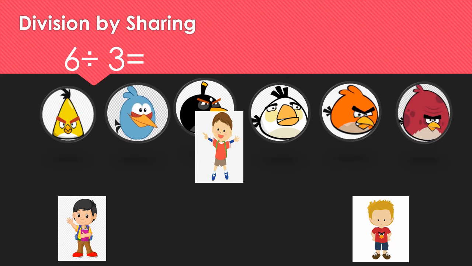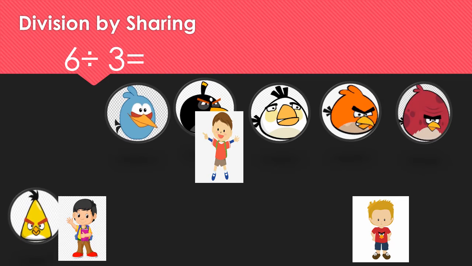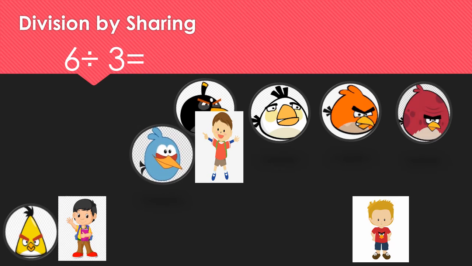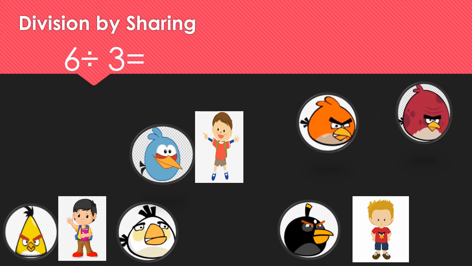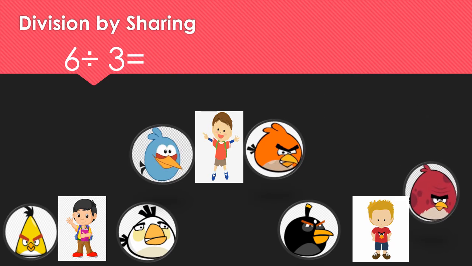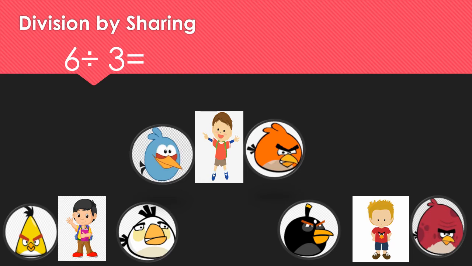Okay, let's distribute the angry birds to the 3 kids. Now how many angry birds does each kid get? There are 2 angry birds. So therefore, 6 divided by 3 is 2.